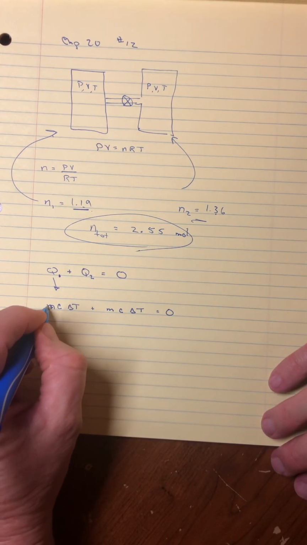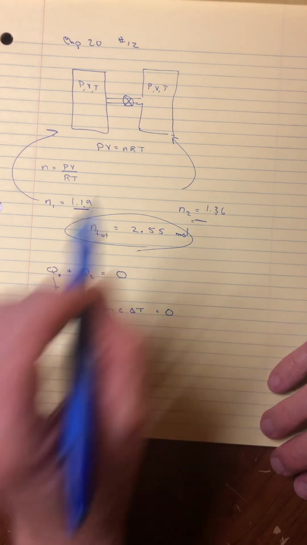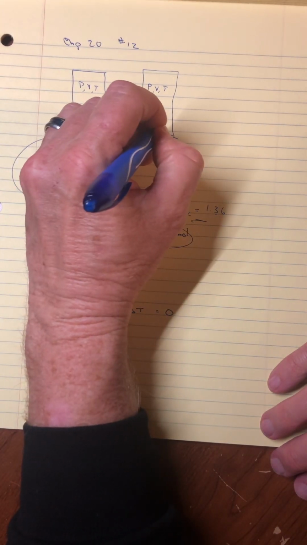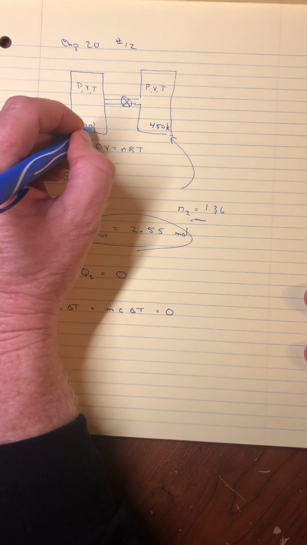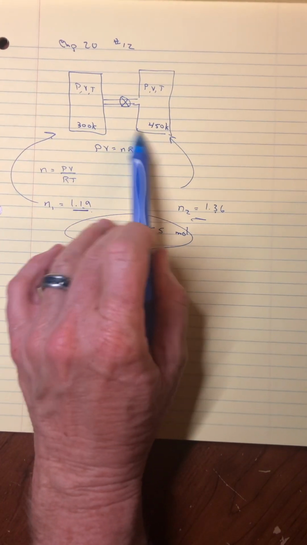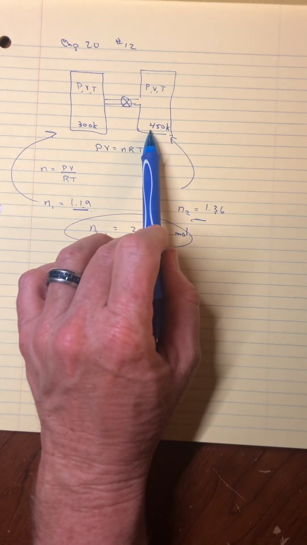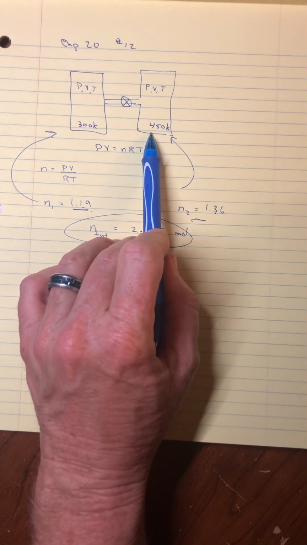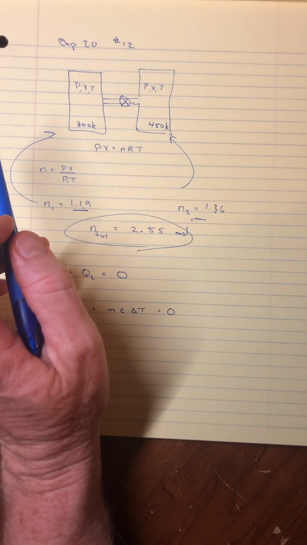And this is where it can have a little subtlety and get a little confusing. Let's see, this one was 450 Kelvin, and this one was 300. So clearly this one's going to lose energy and cool down, and this one's going to gain it. But also this one was at a higher pressure, so molecules are going to actually go over here also.